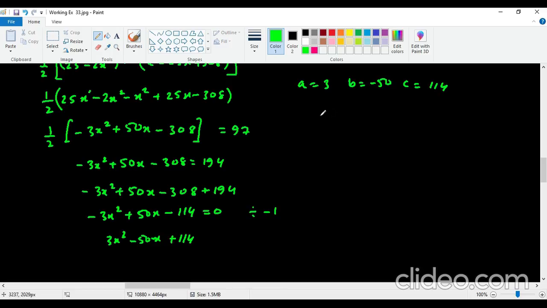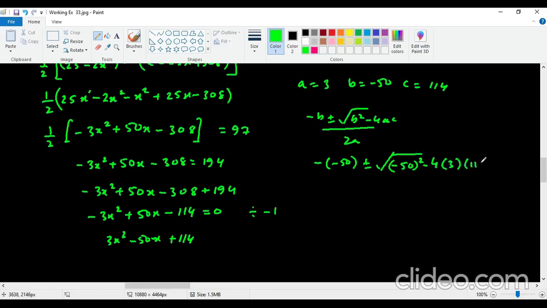Putting this into the quadratic formula, minus B plus minus under root B square minus 4AC over 2A. Always remember that to memorize this is going to be a good idea. Minus minus 50 and plus minus under root minus 50 square minus 4, A is 3 and C is 114, divided by 2 times A, which is 3, so it gives you a 6.